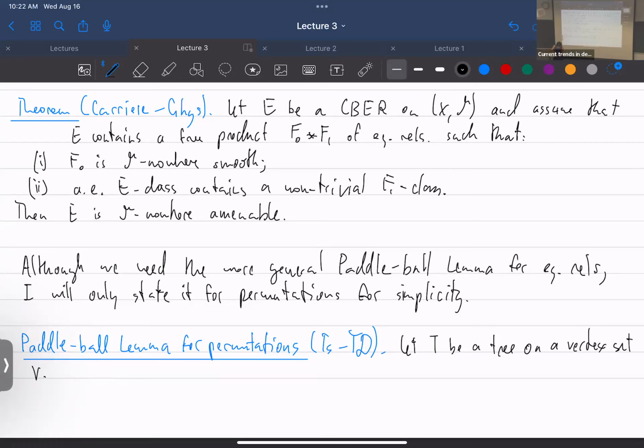Let sigma be a set of permutations of V. I'm not saying automorphisms or anything like that, just permutations of V, mixing up vertices, okay?